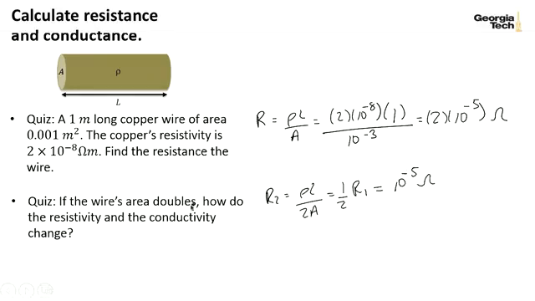So by doubling the cross-sectional area, we cut the resistance in half. Or conversely, we know that G is 1 over R2, or 1 over 10 to the minus 5, or 10 to the 5. So our conductance is also going to double. Our resistance goes down by half, but our conductance doubles.